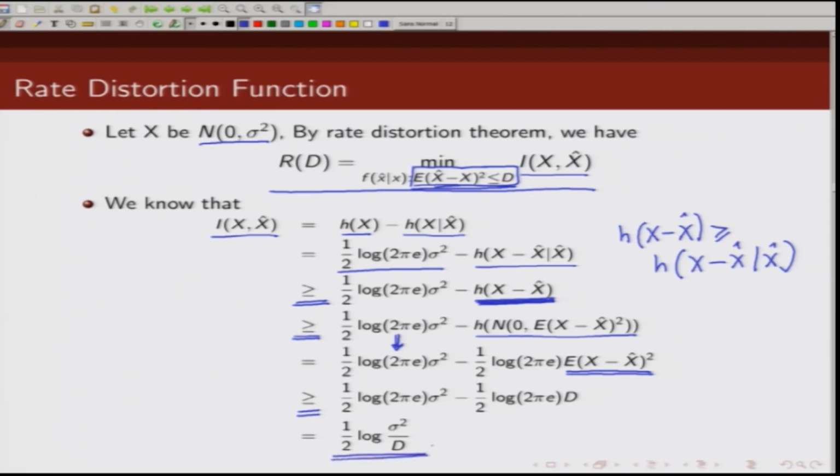So, the mutual information between X and X hat is lower bounded by half log of sigma square by D.